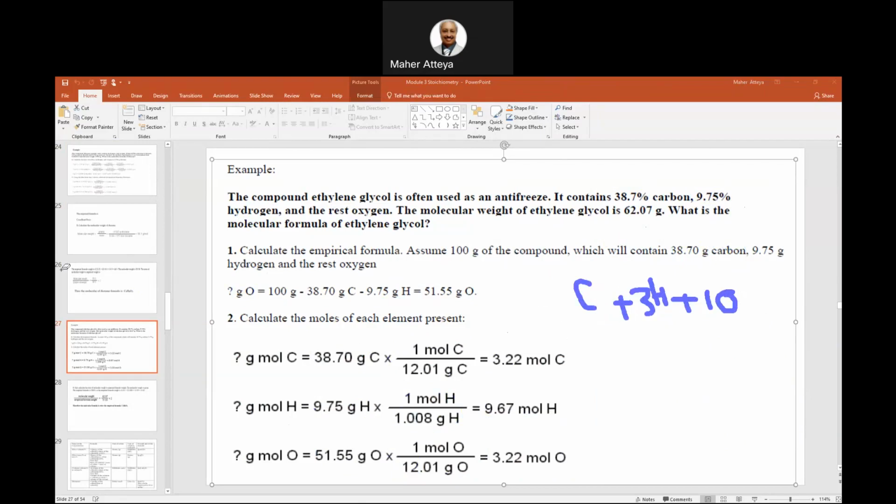So 1 is here. So this is 12, correct? This is 1 gram per mole. This is 16. You add them up, how much they are? This is 3, multiplied by 3.